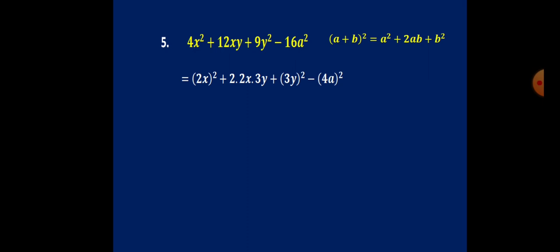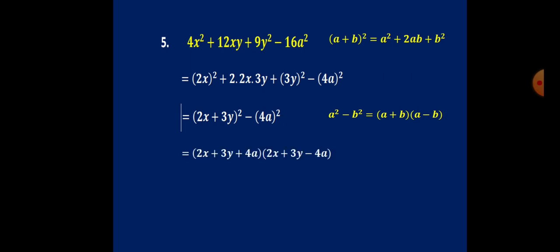And 16a squared is written as (4a) whole squared. From the first three terms, I got (a plus b) whole squared minus (4a) squared. And again this one fits into that identity. We should apply that one: (2x plus 3y plus 4a)(2x plus 3y minus 4a).